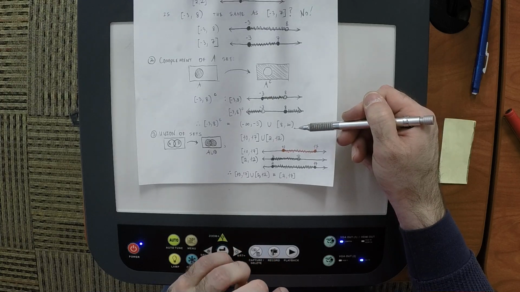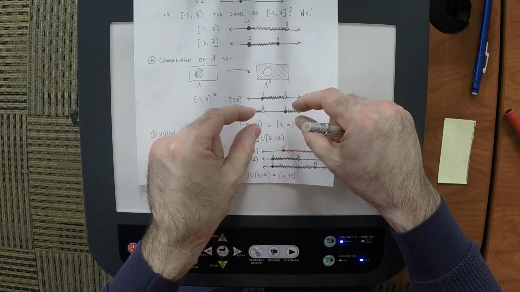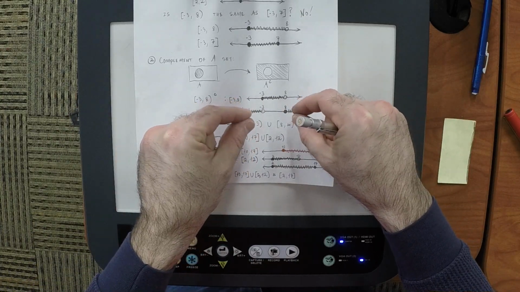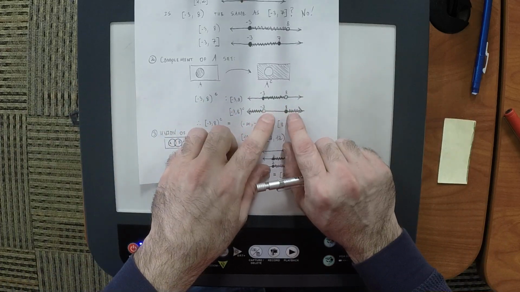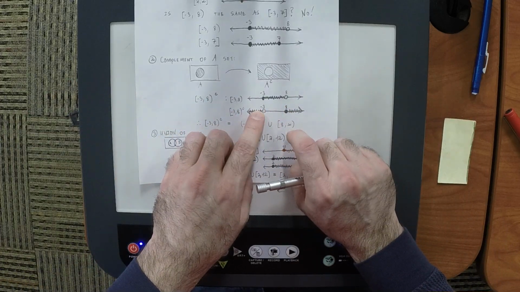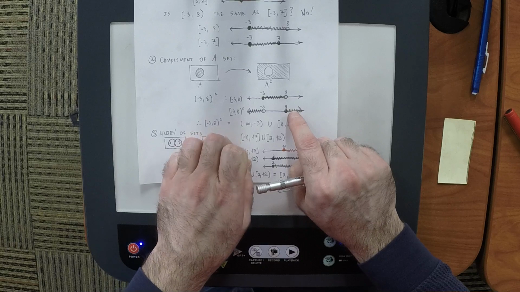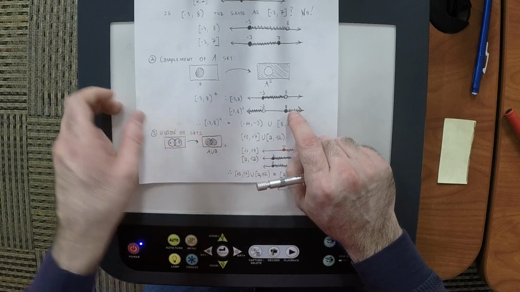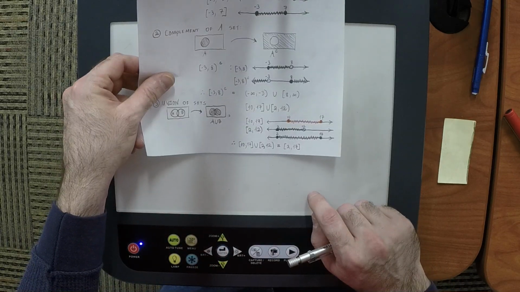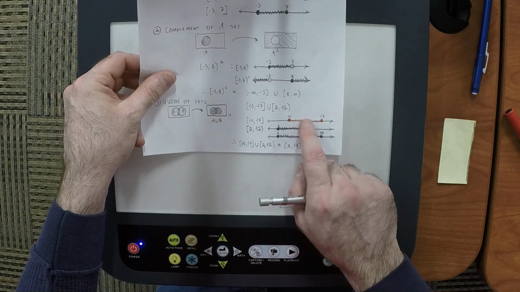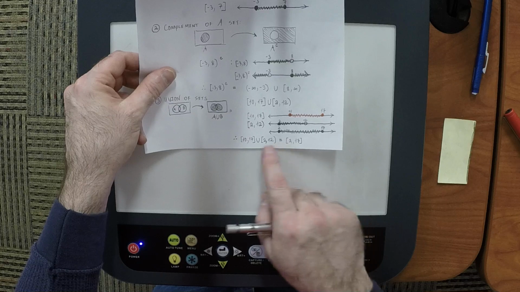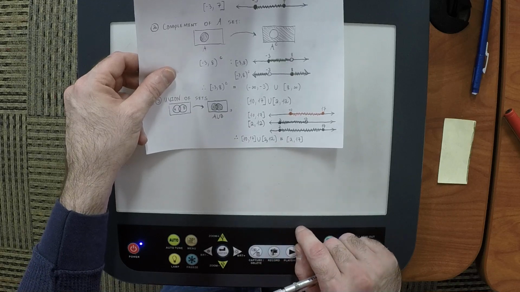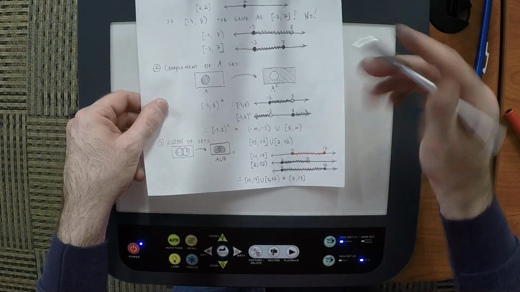Because that has no overlap. Right. So the question is do these two pieces have any overlap? The answer is no. It's clearly that this is one piece, and that's another piece, and the pieces are not contiguous. Whereas, do the red and the green have any overlap? Sure, right there. Good. Any question about this?